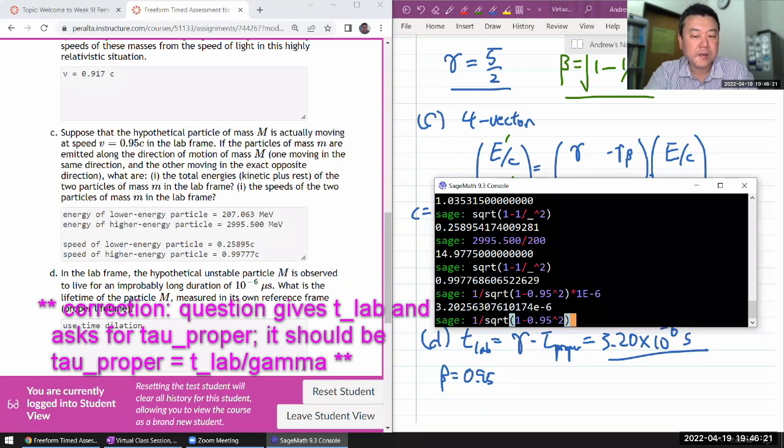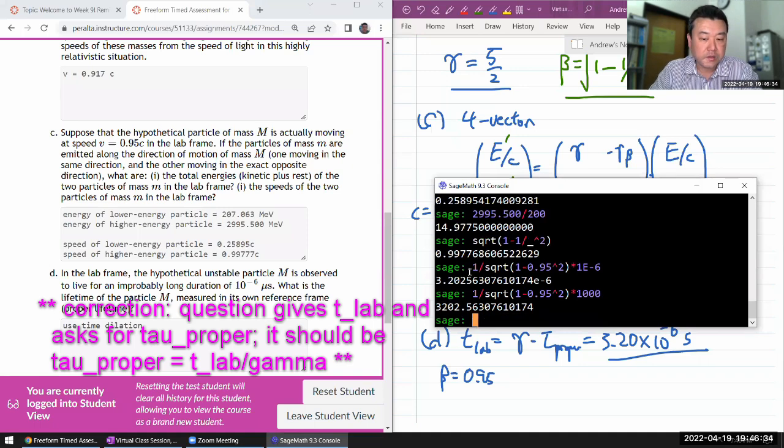That's gamma times the mass of the particle, which was 1000 MeV per c squared, and then times c squared, that cancels out. So that's 3200. That's the total starting energy. And these two added together should be equal to that, and I think they are. So good. I'm less worried about this being wrong.